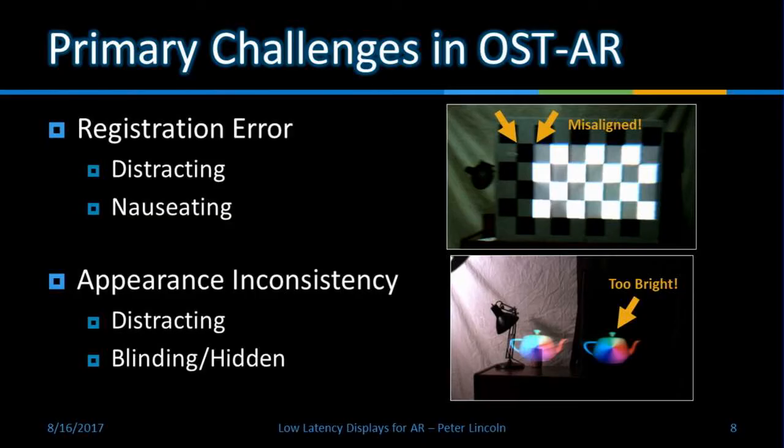Now, there are two main challenges in optical see-through AR that I focused on in my research. The first is registration error, where the physical and virtual worlds become separated or misaligned. When a user experiences this problem, it can be distracting or cause nausea, neither of which is very good. A second issue is appearance inconsistency. This is where the physical and virtual objects don't appear to exist in the same world.